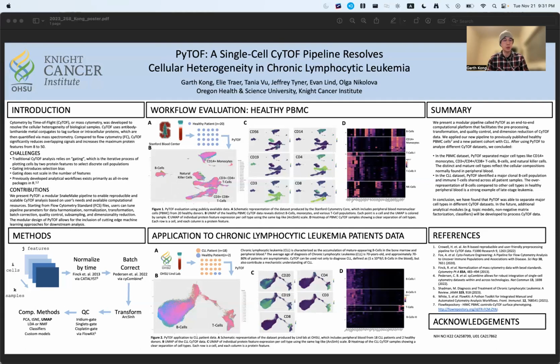Then optionally, we can apply batch correction to our samples, using SciCombine. We transform the data using the ArcSine transformation, followed by quality control. This is where we get rid of the dead cells that don't really benefit us from the analysis.